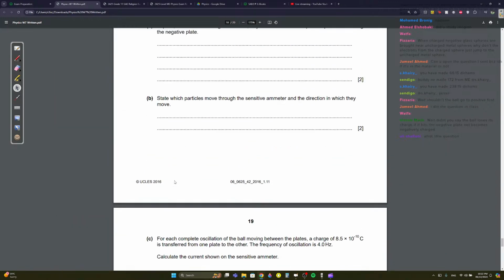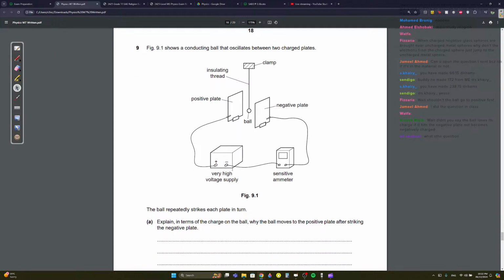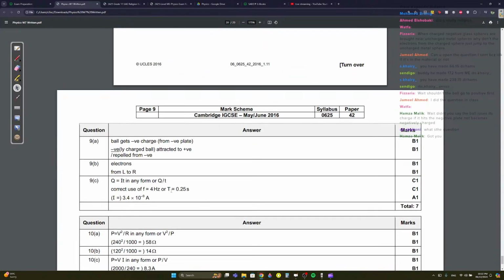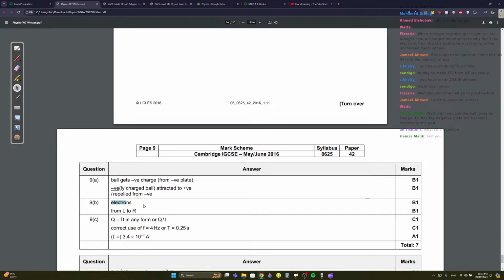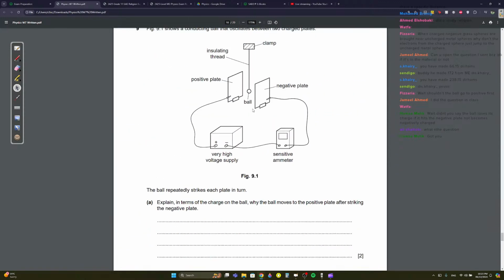What? From L to R. I honestly don't understand this answer. What do they mean by electrons from L to R? What do they mean by this, guys? Okay, I would get why it's electrons, because electrons are the only thing that move.